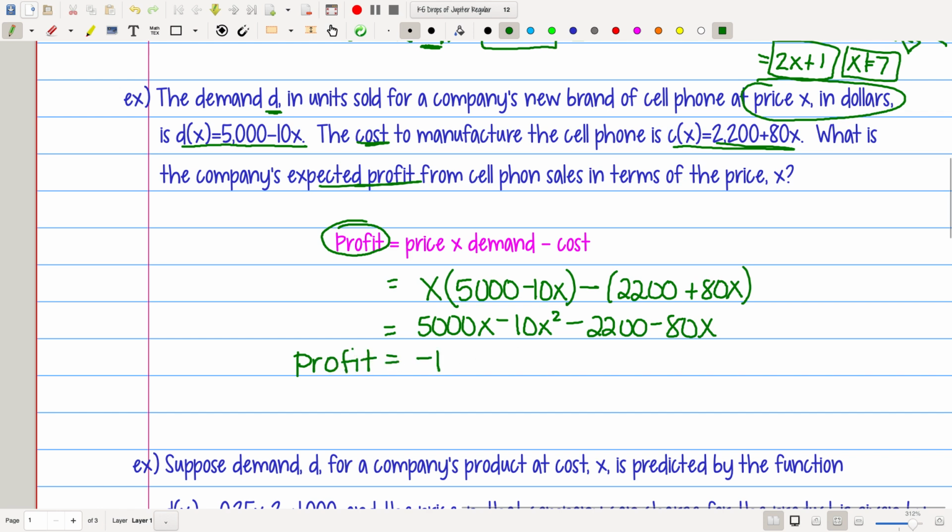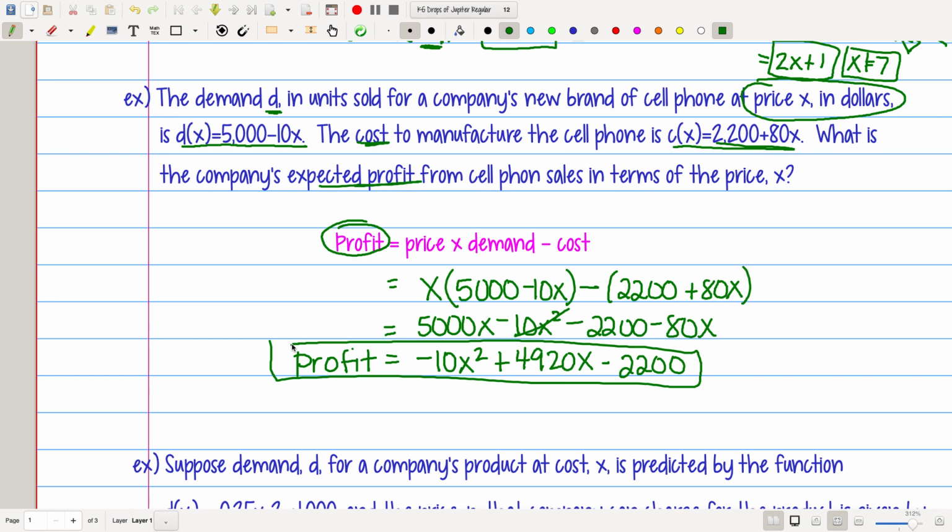So I'm left with negative 10x squared if I start with that first. 5,000x minus 80x would be plus 4,920x, and then minus my 2,200. Okay, and that would be your final profit.